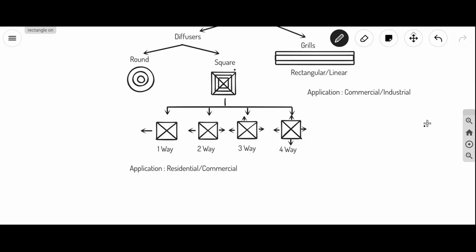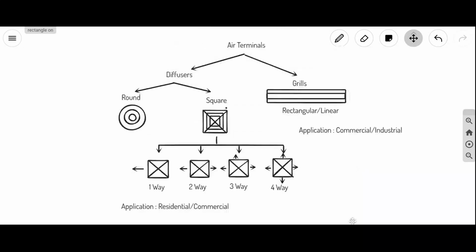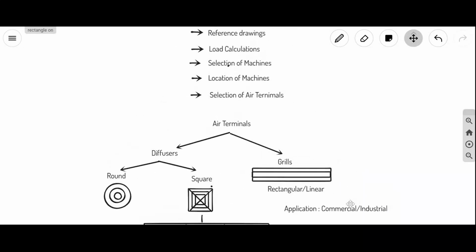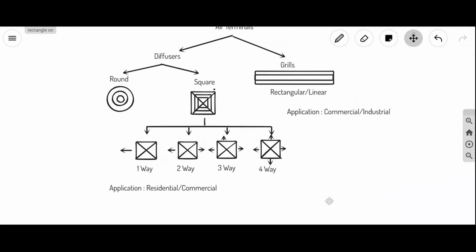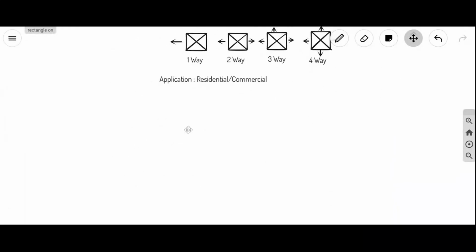So these are the applications. Not only the type of application, the type of false ceiling also defines what type of air terminal we need to use.